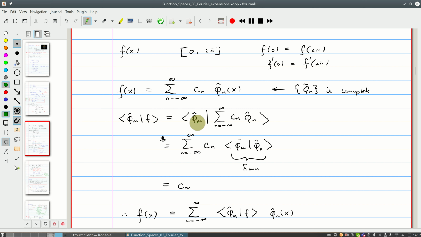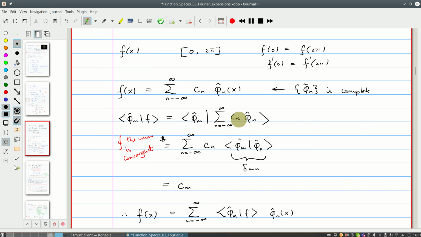That's the inner product of phi m with this entire sum. Now if the sum is convergent, then we can move the sum outside of this inner product, and then we have the sum n goes from minus infinity to infinity of Cn.